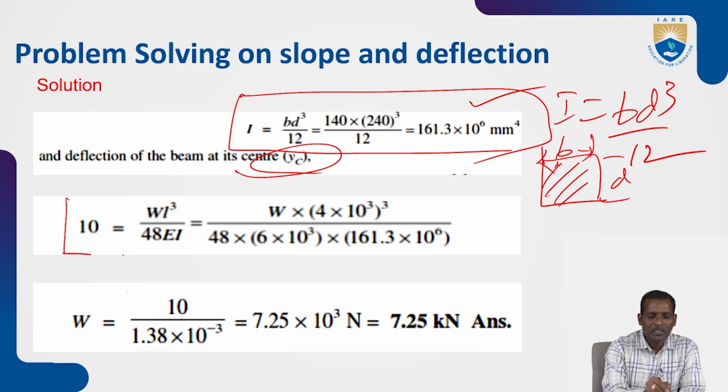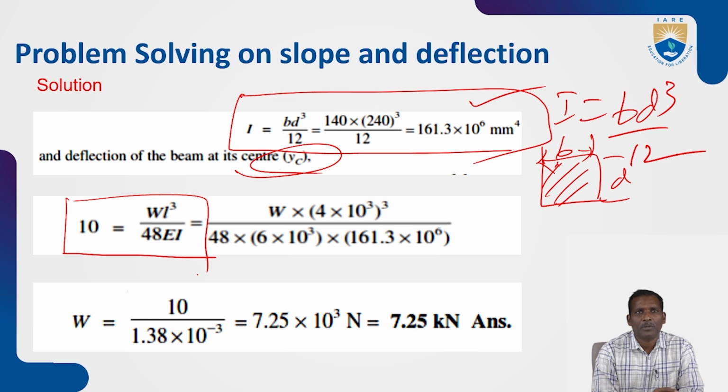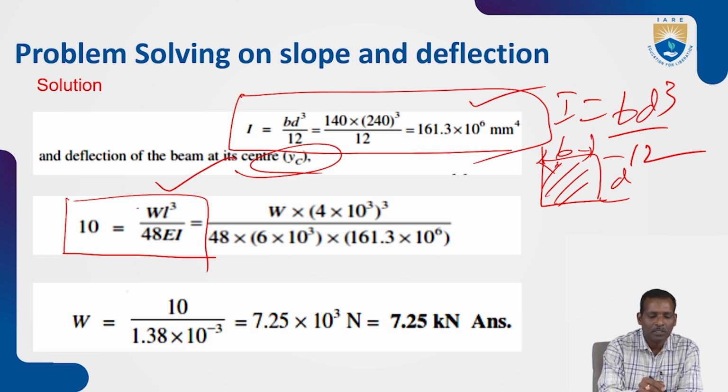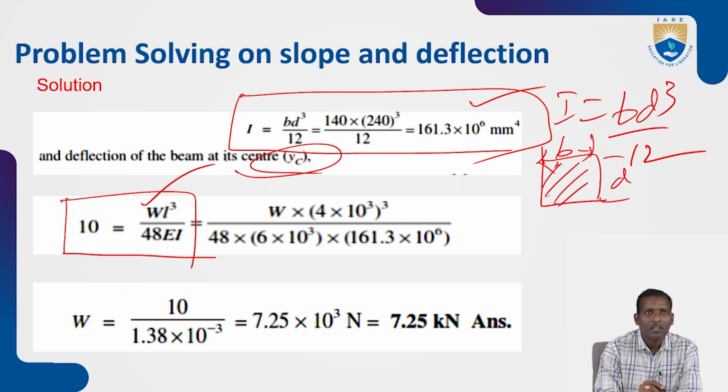So what is the deflection formula for a simply supported beam? For a simply supported beam, the deflection is WL cube by 48 into EI. But in this, we don't know W. You need to calculate W here. Clear? So the deflection you know, so here there is only one unknown. Substitute the deflection 10, and the load you don't know.